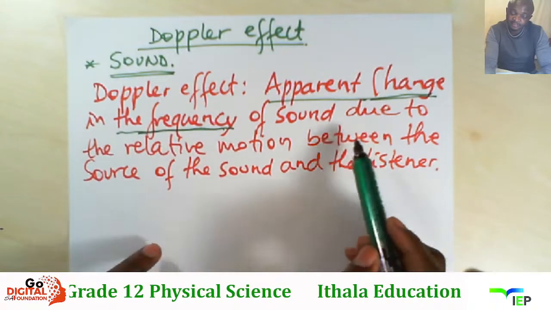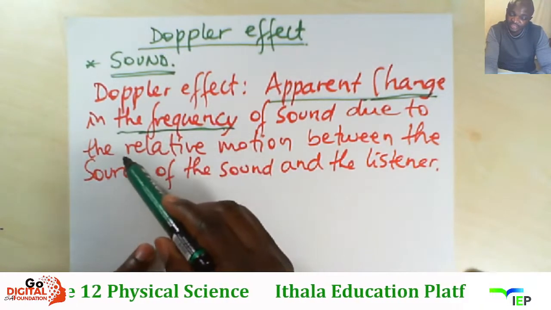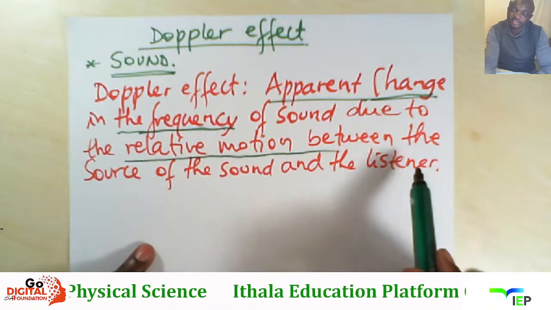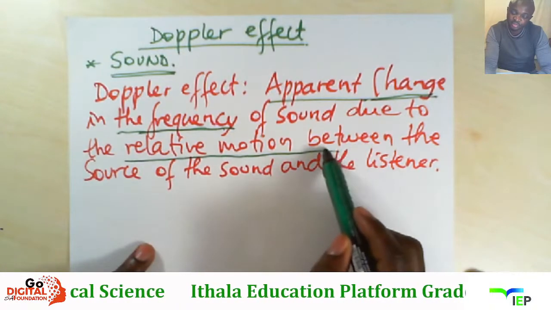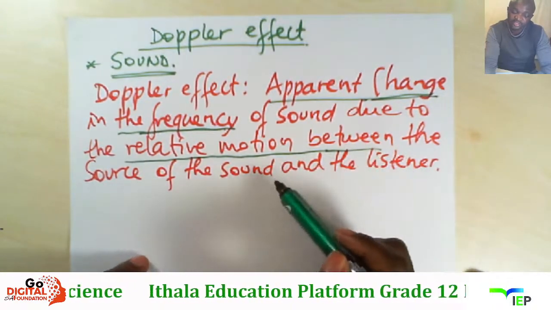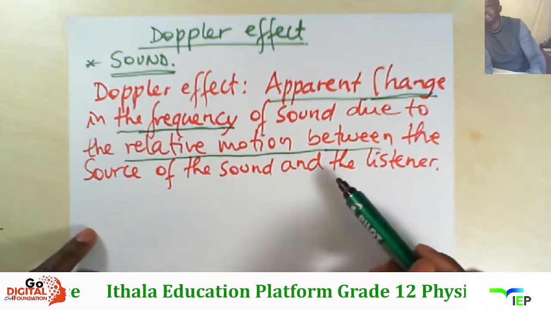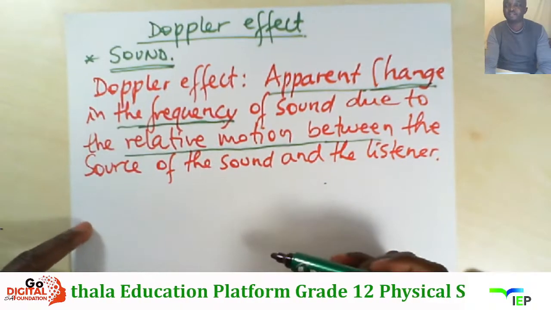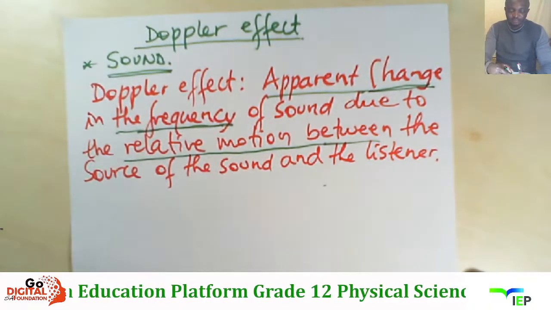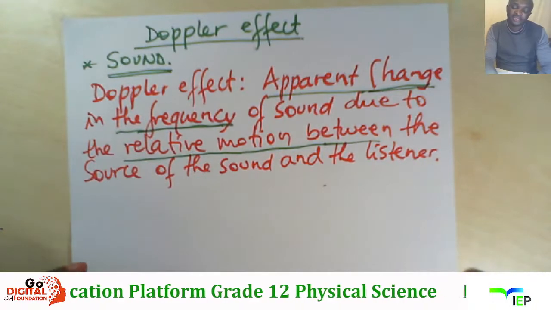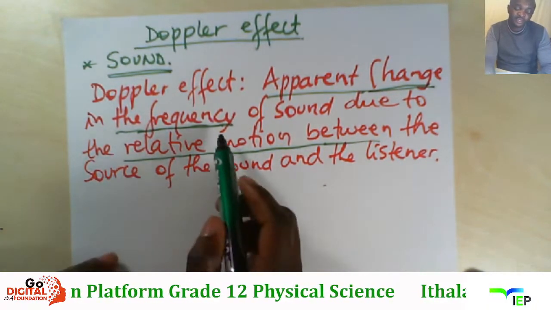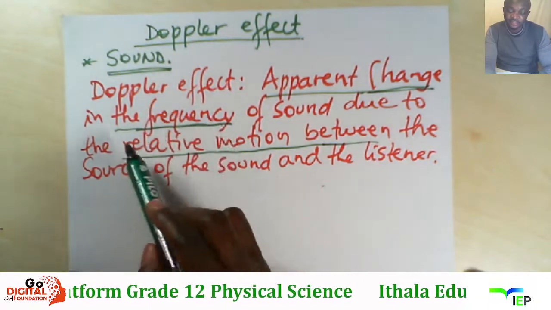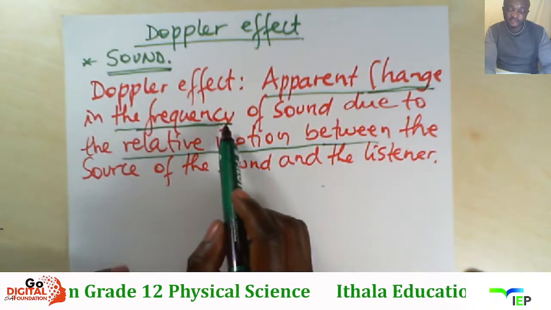Now the second part is because of this relative motion between the source of the sound and the listener, right? That is Doppler effect. Kumele we understand before we bhale phansi ukuthi what does it actually mean. The frequency ayishinji kwayona, right? The frequency does not change, right?